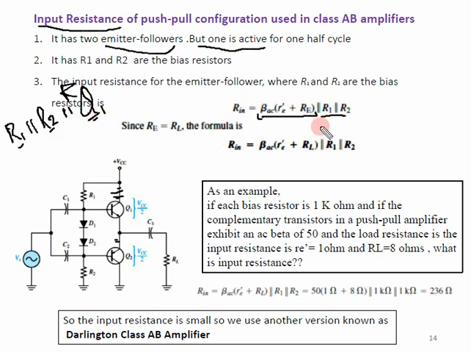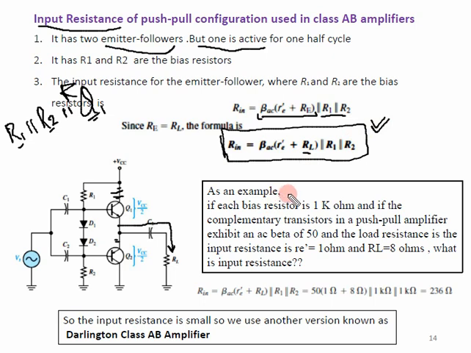Anyhow, this is done. Over RE, can you see RE? There is no RE, but the emitter is connected to RL, so we can replace RE with RL. So the equivalent input resistance of the class AB push-pull amplifier is given by this, and we can show that it has a small value.